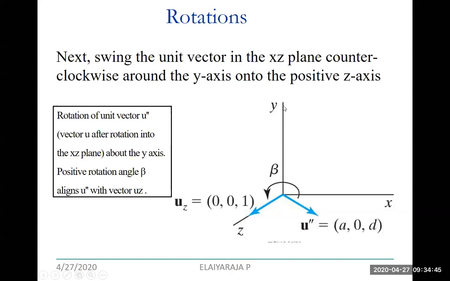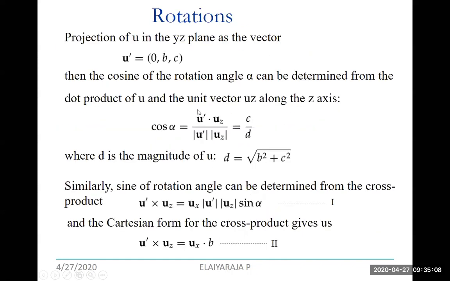So a b c around the y axis, then further it will be rotated by positive rotation angle beta, which will give the new unit vector value u double dash equal to a 0 d, which you can see from this, right?